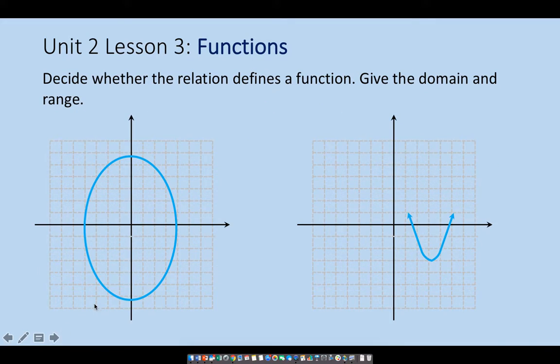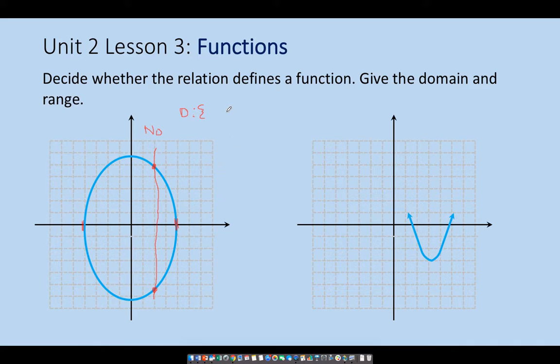All right, there are other ways. It might give you graphs, in which case it would be super simple to tell whether or not it's a function. Does this represent a function? This ellipse here, maybe you remember that from Algebra 2. No. In many places, our vertical line touches it in multiple spots. So we'll say no, this is not a function, but it does say give the domain and range. So what are our possible x values that will give us our domain? Well, the domain looks like it goes from negative 4 to positive 4.